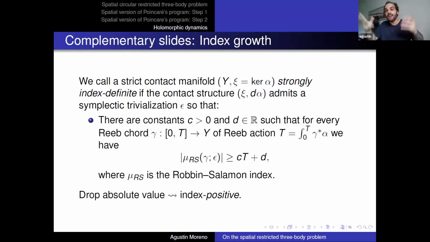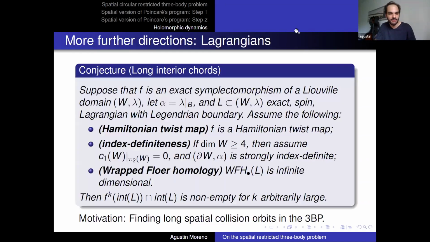Like this is one thing. Maybe I can find infinitely long orbits that do whatever they do and then they collide. And then they might not collide again. Here's actually the conjecture. I wrote it down. I haven't proved it. I don't even know if it's true, but the conjecture is that you should be able to find long interior chords.